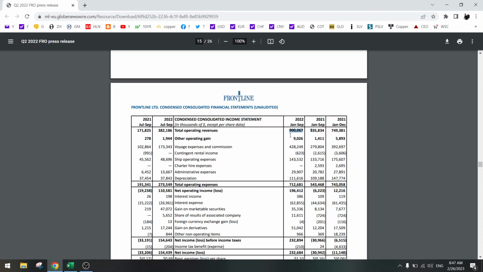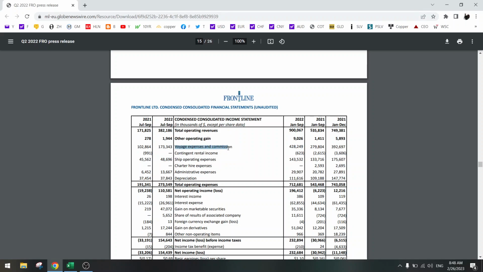Then you have this voyage expense and commission. If you deduct this, then you get the TCE. So it's a lot of costs. From revenue going to TCE, you deduct this here, and then you get the TCE, right?